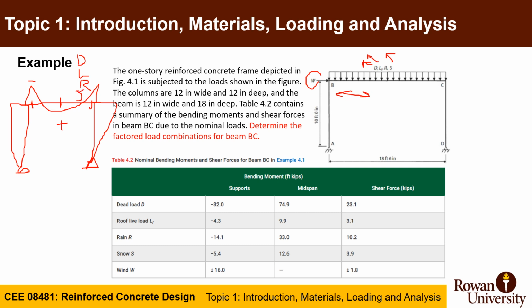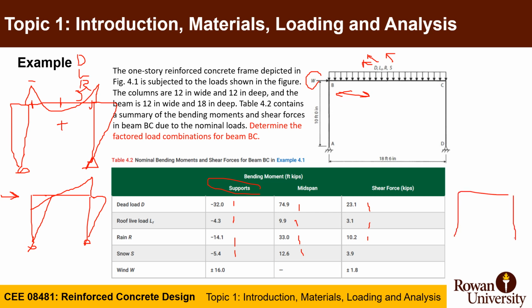And you can see here in this table, the support has negative values and the midspan positive values, and the shear is also provided. Under wind load, if the wind is blowing from left to right, your moment diagram will be this if you draw it from the tension side, and if the wind blows from the different direction, it will be similar, the opposite.